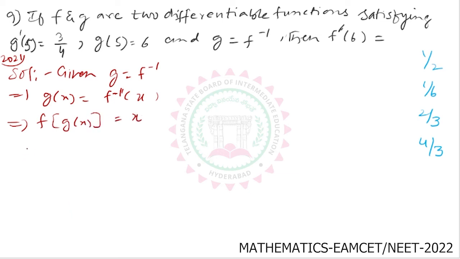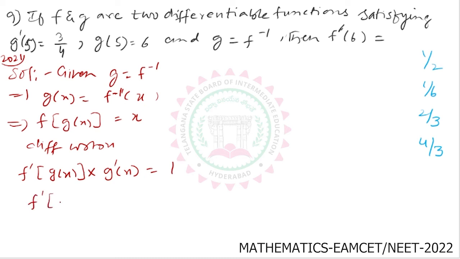Now, if I differentiate this with respect to x, the derivative of f of x is f dash x. f dash of g of x into the internal derivative of g of x, which is g dash x, is equal to the derivative of x, which is 1. Right? Therefore, the value of f dash of g of x is equal to 1 by g dash x. Is it true?